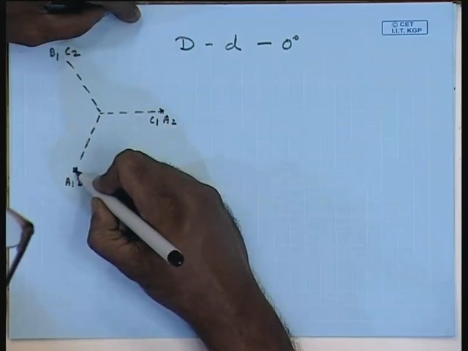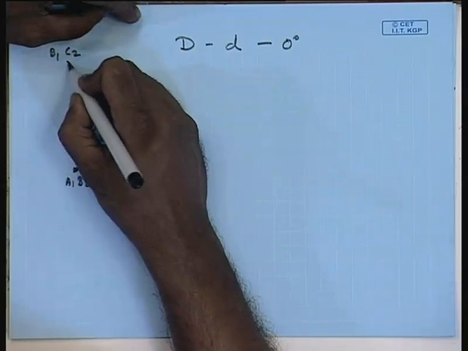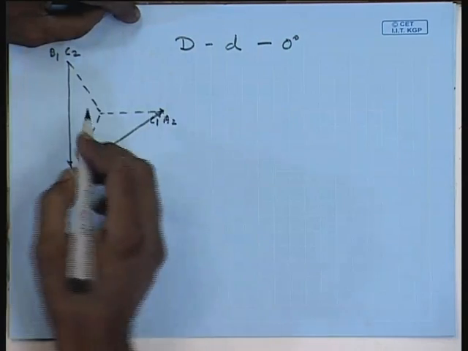So, this is the winding voltage phasor A1, A2, this is B1, B2 and this is C1, C2.